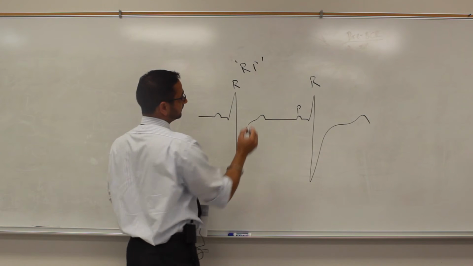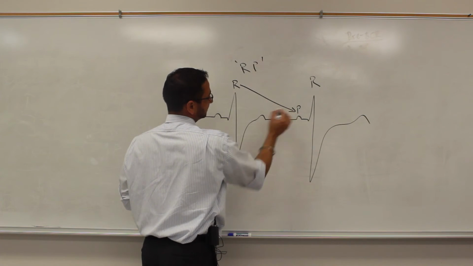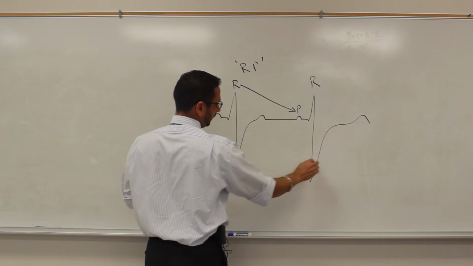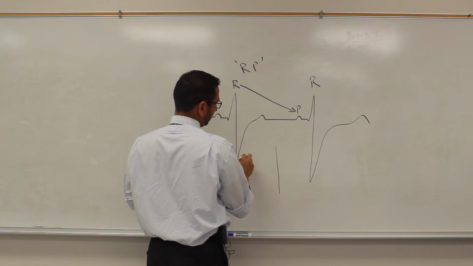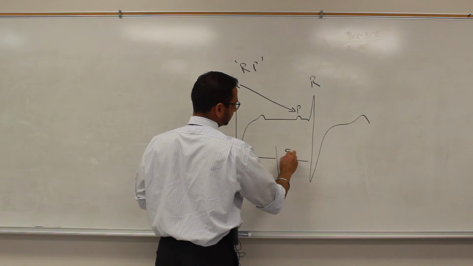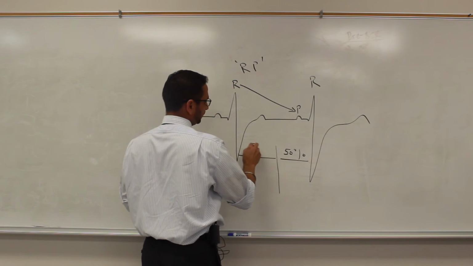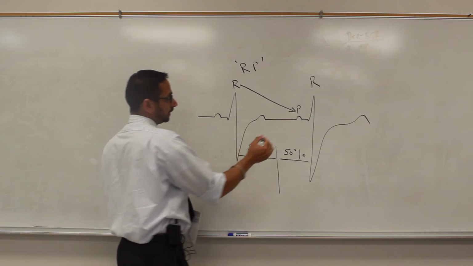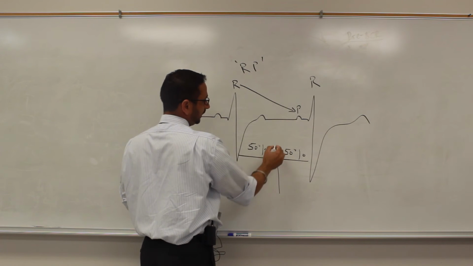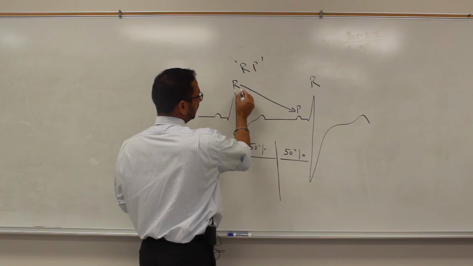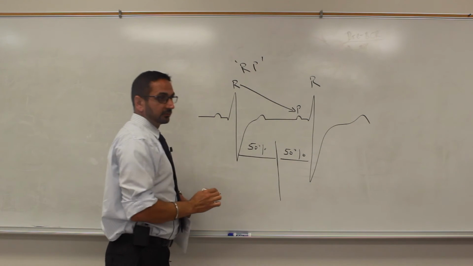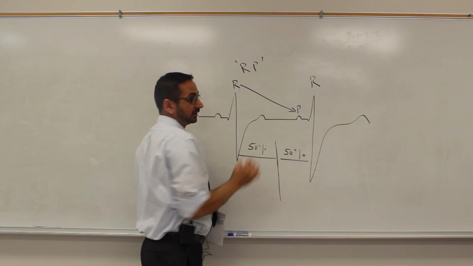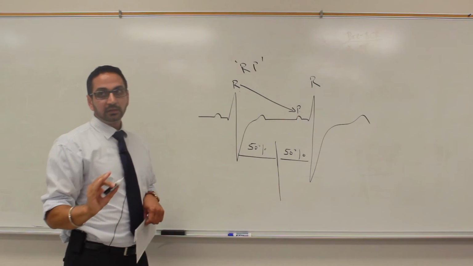We are looking at the distance from this R to this P. If you divide this RR interval into 2 equal segments, you have 50% on this side and 50% on this side. If this P is falling beyond this 50% mark, we call it long RP. Again, we are measuring the distance from the preceding R to the following P. This is called the RP interval.